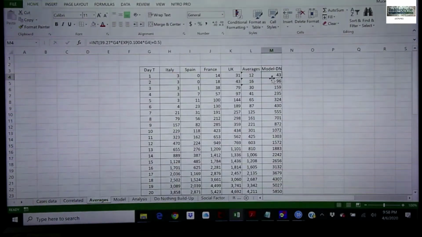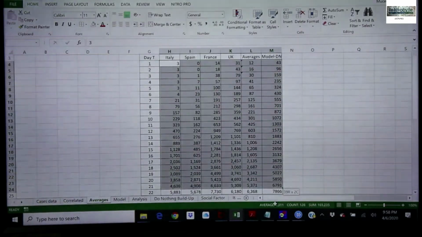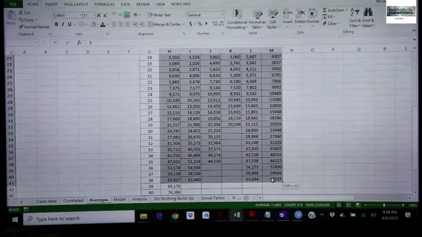I think in a way this is bringing out something that we already suspect, that initially the number of cases reported were far lower than what was happening. So we can now plot all these cases together and see what comes up.